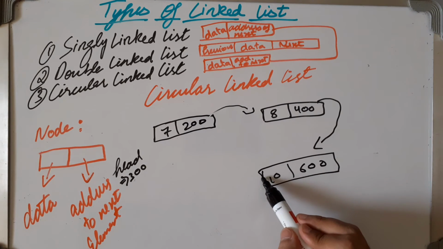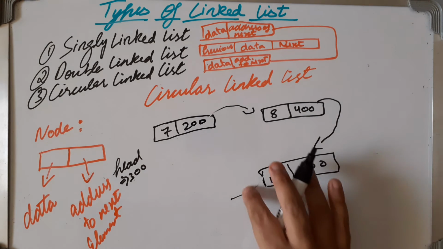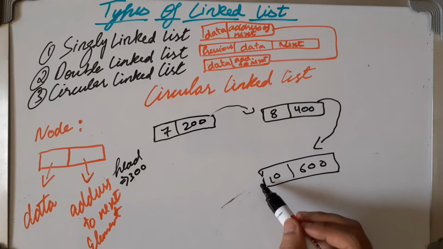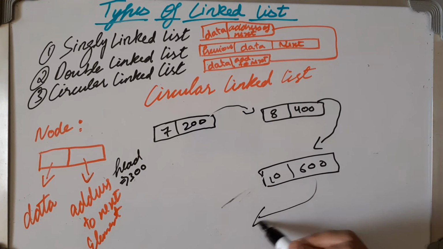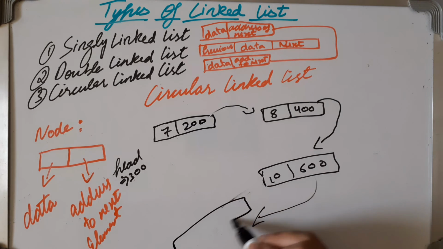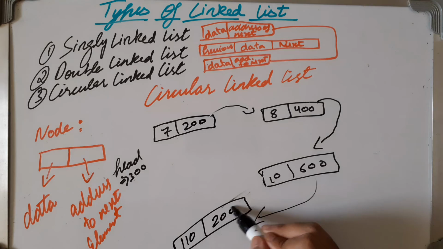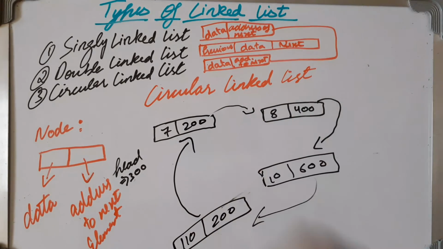And then what it is doing is pointing to the next element, which is having address 600. So it is like going on, and we are having address 200. So it is pointing to the first one. What is this? It is creating a loop here.